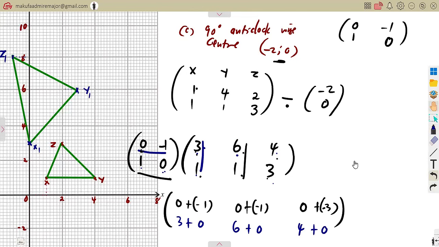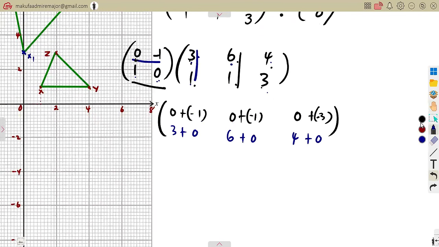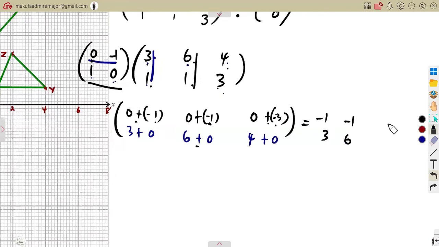You add. So this was going to be 0 and minus 1, which is minus 1, 3, minus 1, 6. You add this, that's minus 3, 4. So you're supposed to just write this here as it is, like that. It's up to you guys.